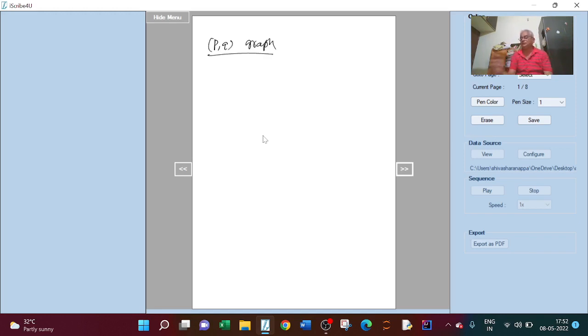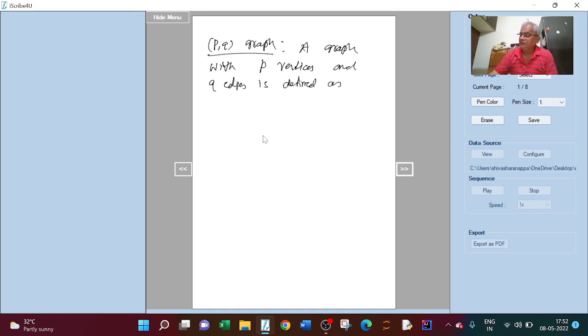We call it a PQ graph, defined as the PQ notation.